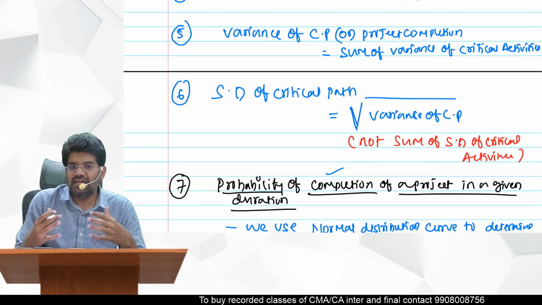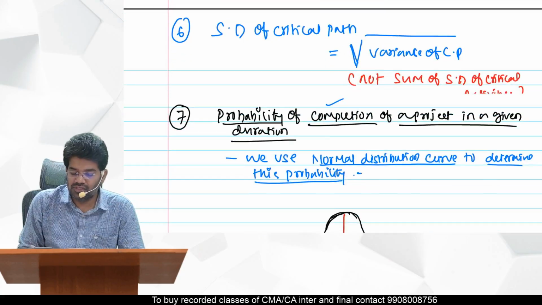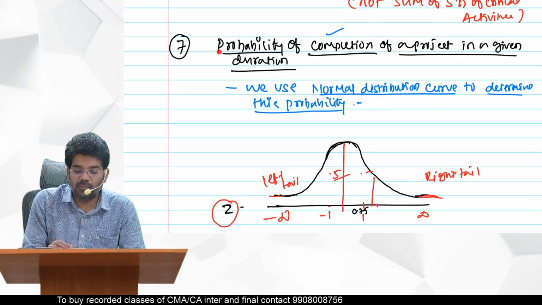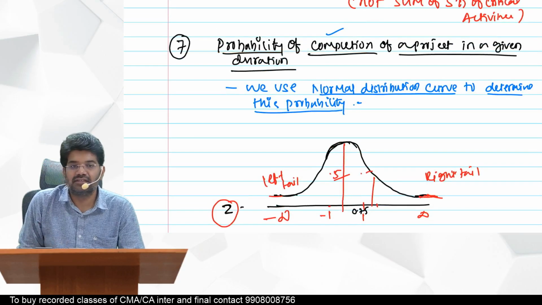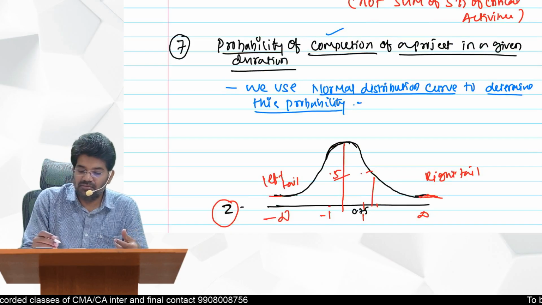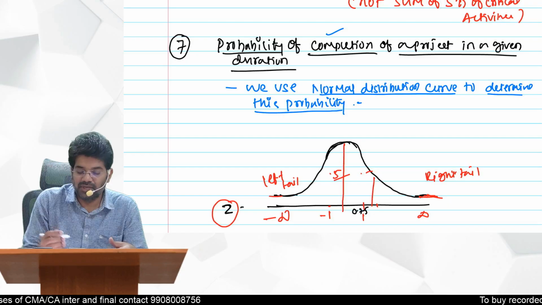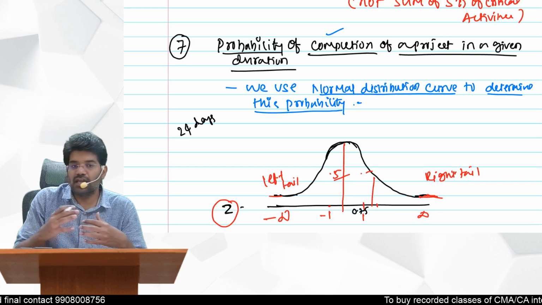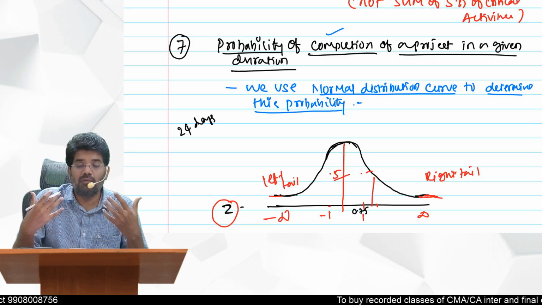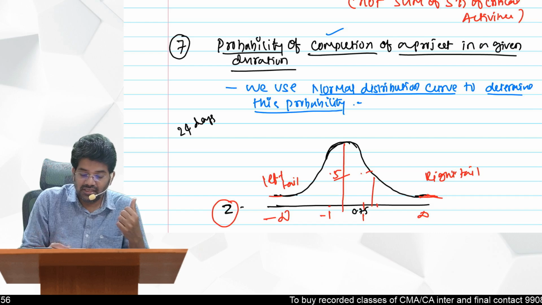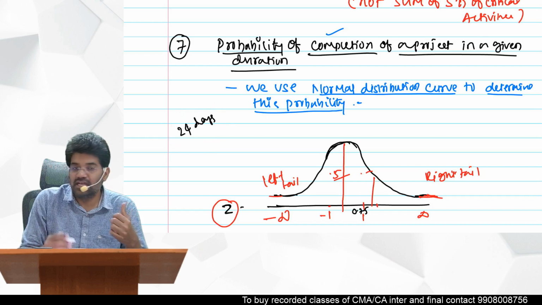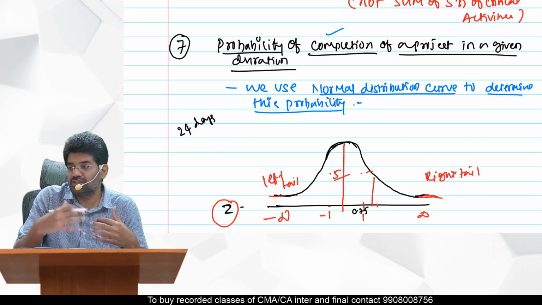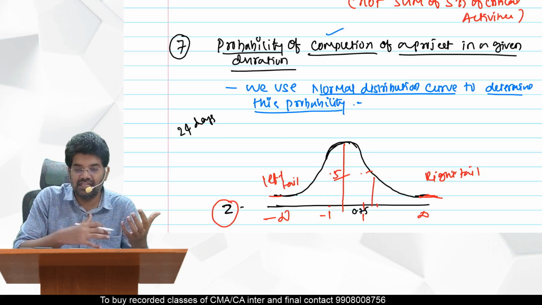Now after that, we use the normal distribution table to find the probability of a range of data. Say, for example, we got a project completion time of 24 days. Then we would like to know the probability of our project duration being less than 24 or more than 24, because our actual project completion time can be less than this or more than this.